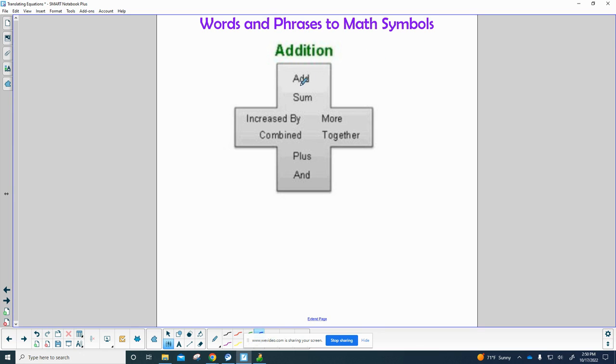Words that mean addition in a sentence would include add, sum, increased by, more than, combined, together, and plus, and there could be any one of a number of other ones you could think of.